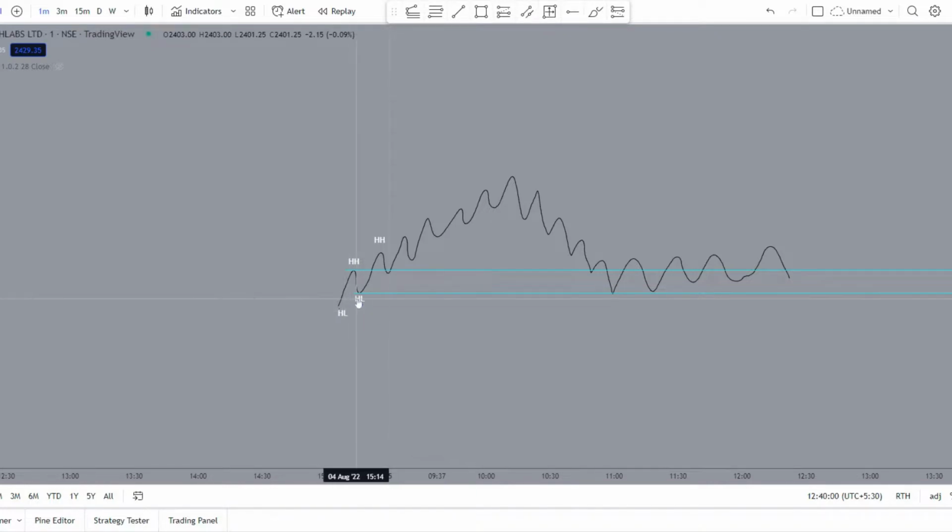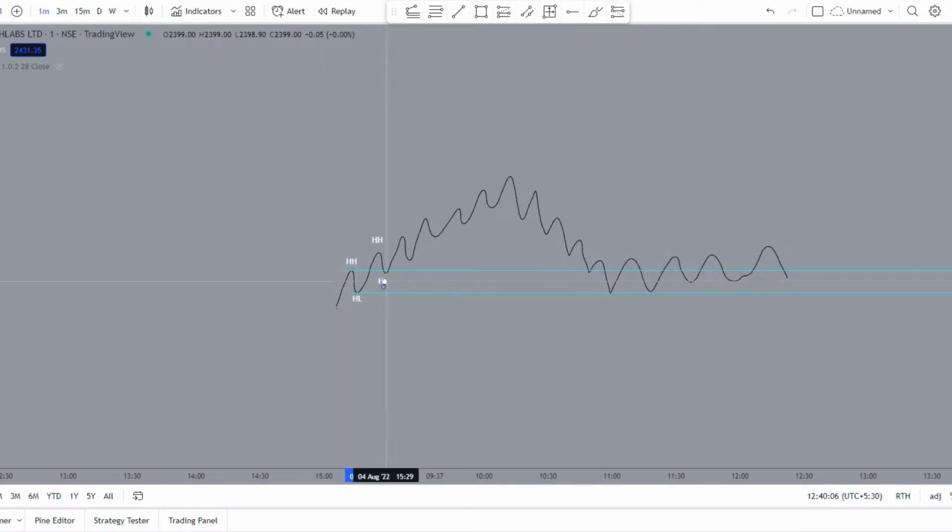So this is a higher low, and this is a higher high in comparison to this high. In the same way, the cycle keeps moving and our swings keep on changing. In my Trading 600 system, I call this a workable swing.